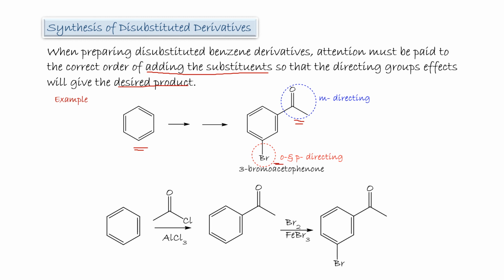Br is also directing. These two groups are meta to one another, 1,3, right? So the right way is to start with benzene, Friedel-Crafts acylation reaction to give acetophenone. This group is meta-directing, so when you brominate with bromine and iron(III) bromide, you will get meta-bromoacetophenone, the correct structure.